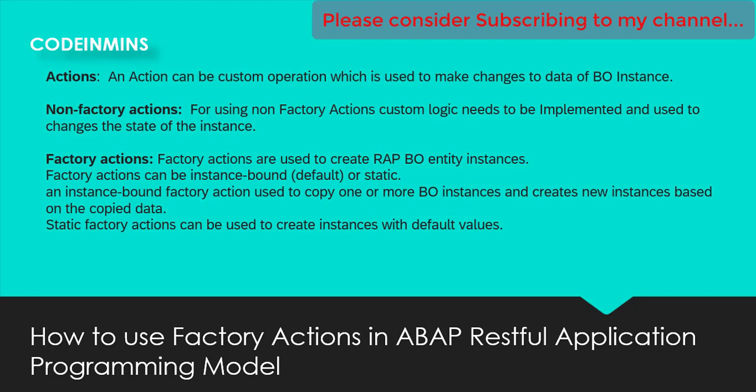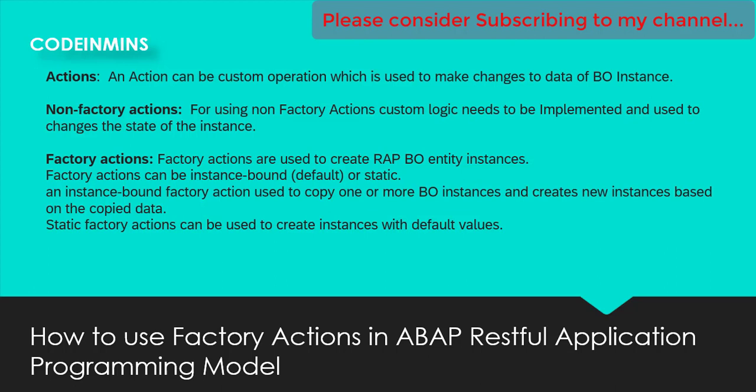The first one is the instance bound factory action, which is the default, and another one is the static factory action. The instance bound factory action we can use if we want to provide a functionality like a copy functionality, which in result creates a new instance based on the copied data.